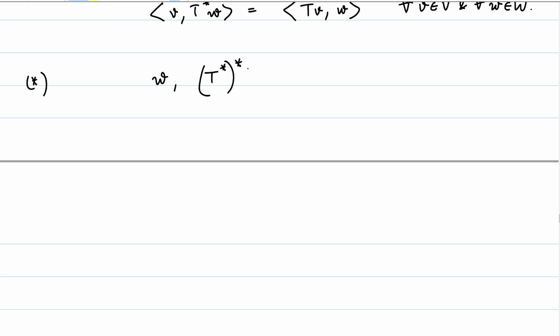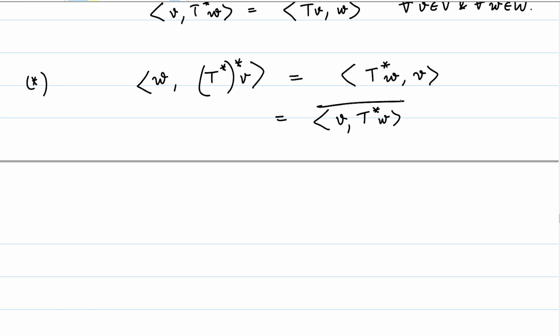So we are going to look at the inner product of this in W. Let me just mention here that this inner product is happening in W. And by definition, this is equal to the inner product of T star W and V. Now notice that this is an inner product in capital V. This is the conjugate of the inner product of V with T star W by the properties of the inner product.